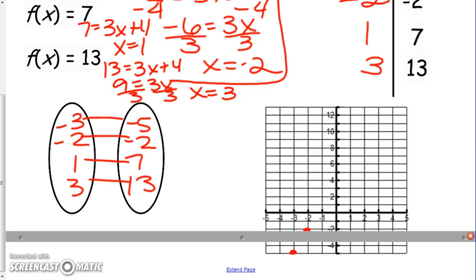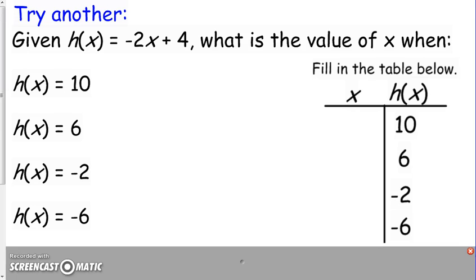I don't know why the gray line's there, sorry guys. 1, 7, 3, 13. So, is it a function? Yes, because it passes the vertical line test. Do not worry about the last example. If you want to, you can do it on your own.